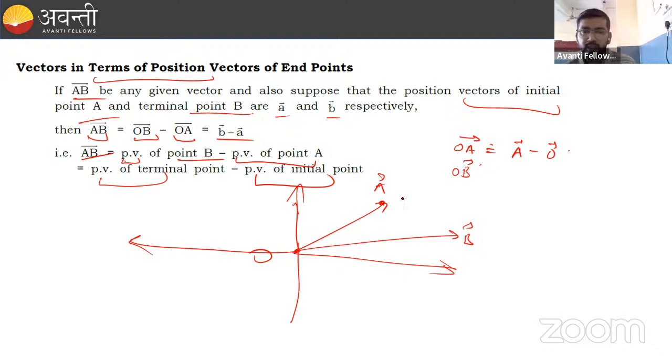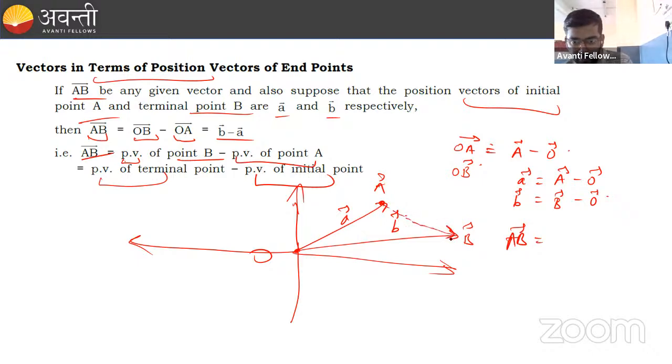So A bar is generally A bar minus O bar, B bar is generally B bar minus O bar, and whenever you draw AB bar, AB bar is B bar minus A bar.